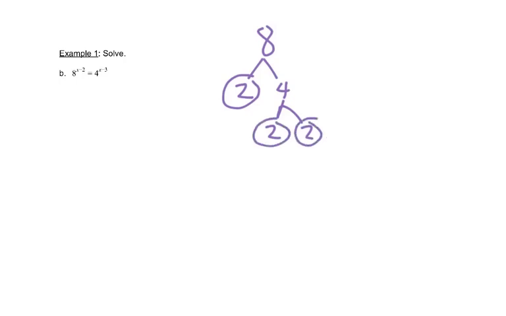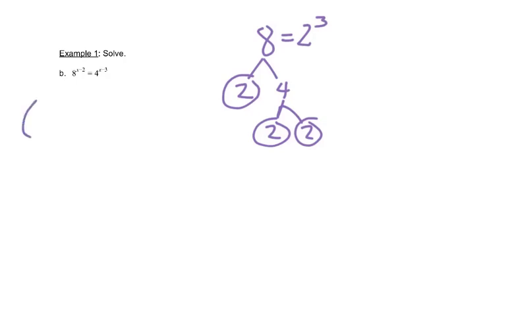In this problem, we can make the bases match as well. Now we can't change 8 to be 4 times 2 because we can only use exponents. But we can look at 8, and instead of stopping at 4 times 2, we can keep going. We can see that we have 3 2s, so 8 is 2 to the third.